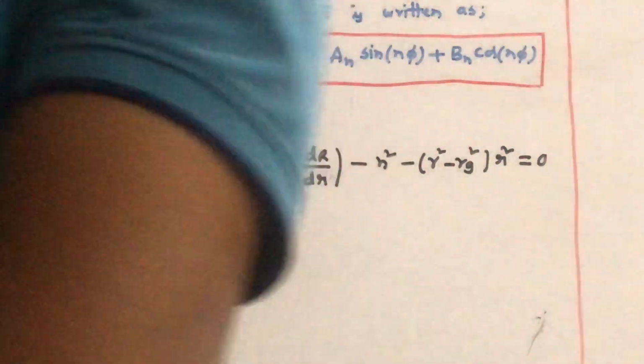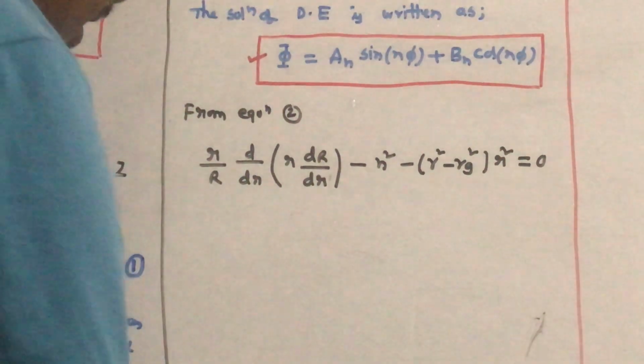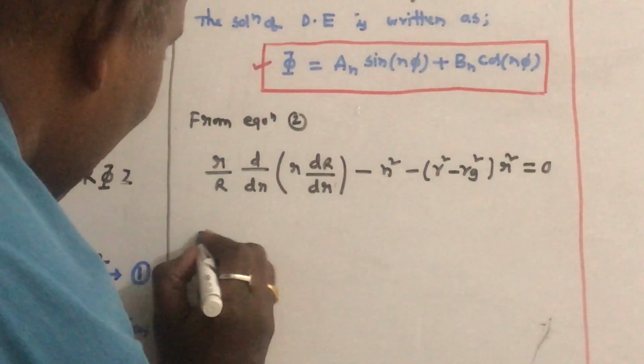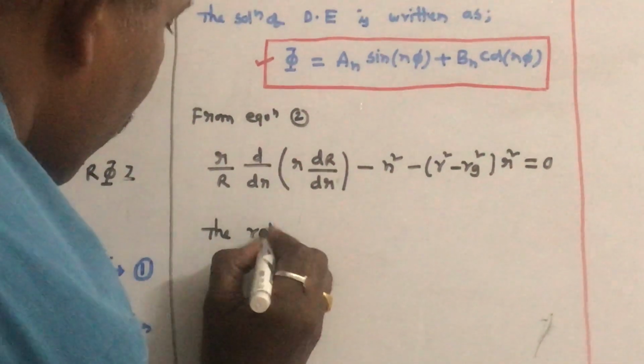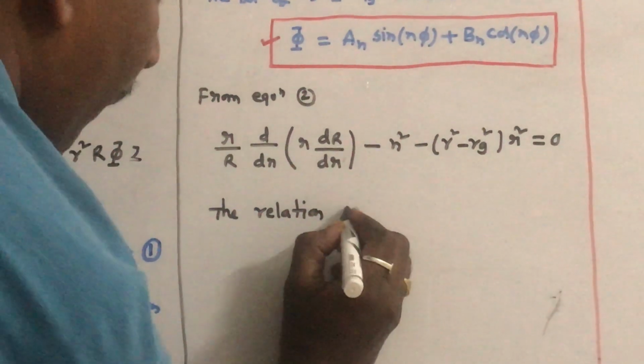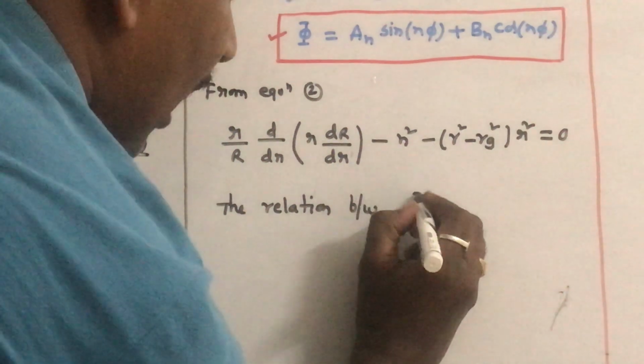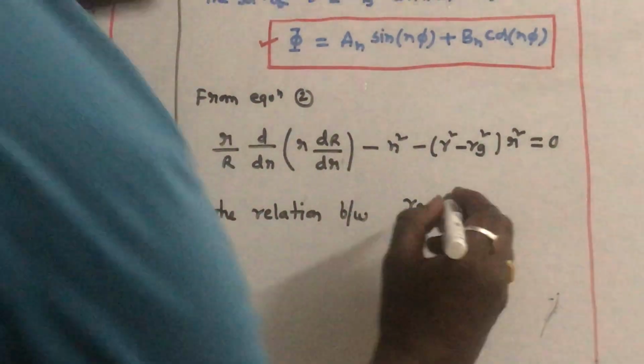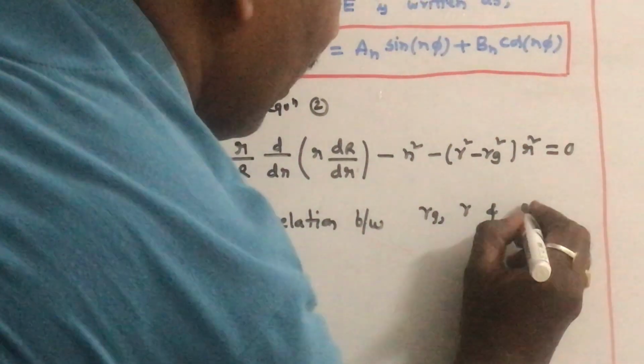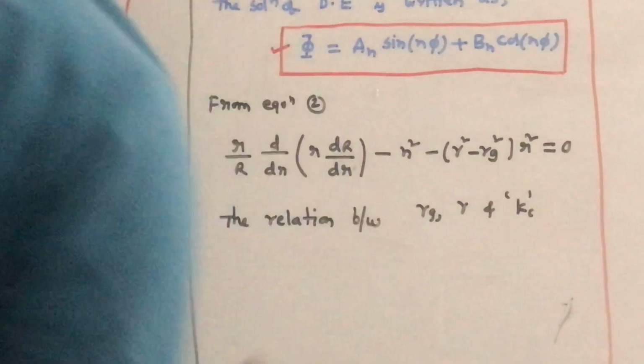So what we will do is, we have one relation between gamma g, gamma and kc, the cutoff wave number.